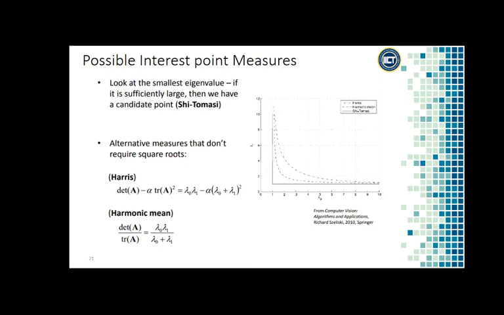An alternative measure that doesn't require square roots is the Harris detector.